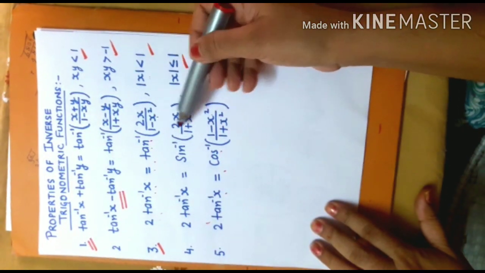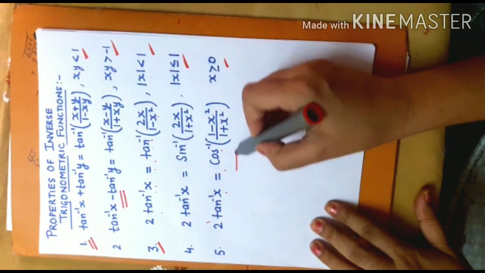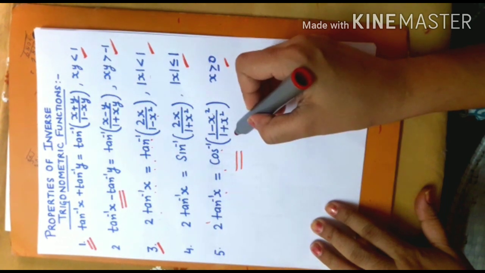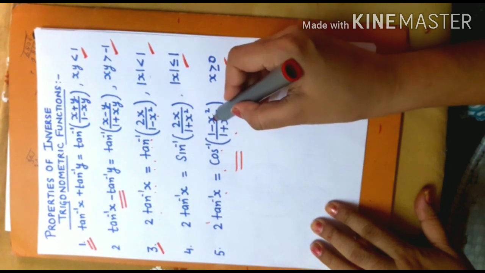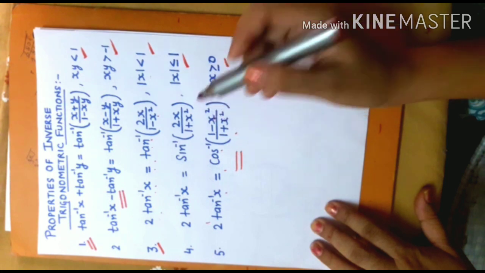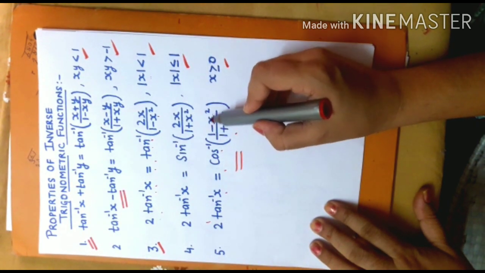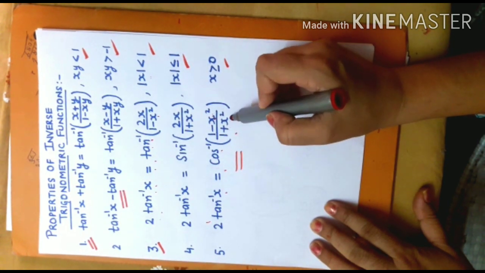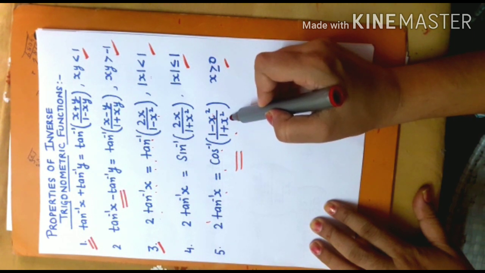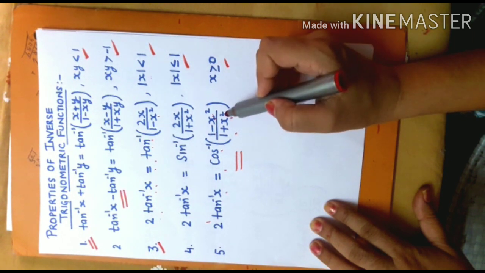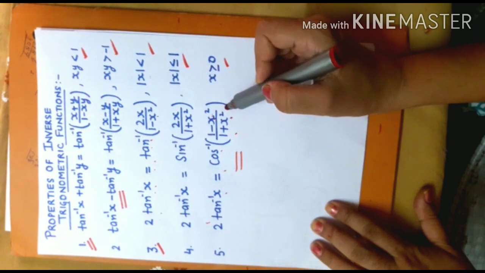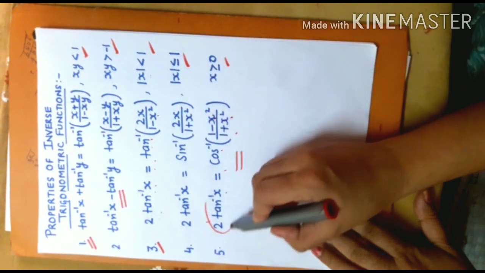So I have proved these two, and the third can be proved on similar lines by putting x equal to tan theta. So here you will get 1 minus tan square theta over 1 plus tan square theta, and you know that 1 minus tan square theta over 1 plus tan square theta is your cos 2 theta. So this you will try yourself.